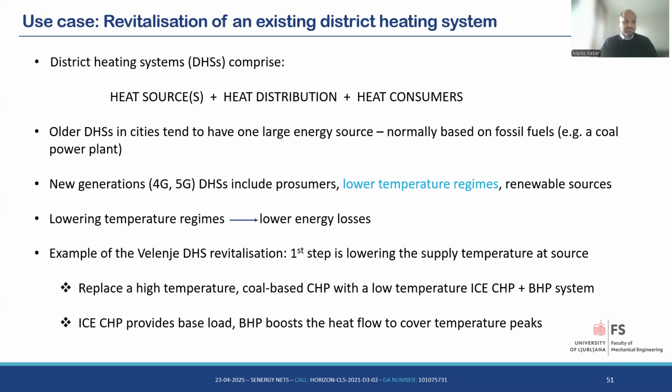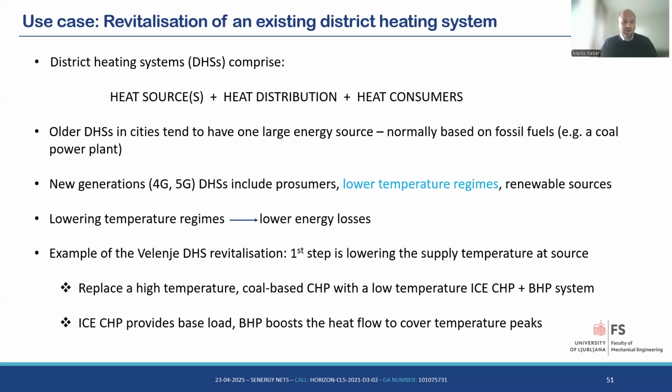New technologies now make it possible to use more flexible approaches, maybe using prosumers instead of just producers and final consumers. Lower temperature regimes are what we're interested in, because lower temperature regimes automatically mean lower energy losses and better economics for the district heating system.